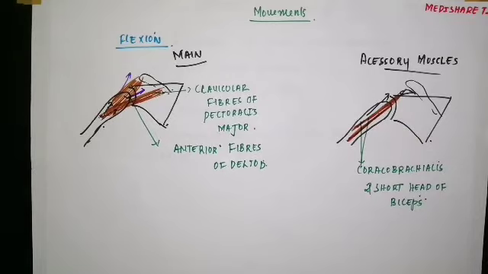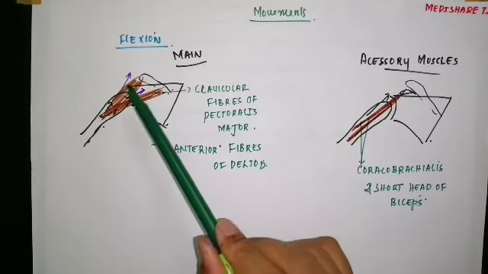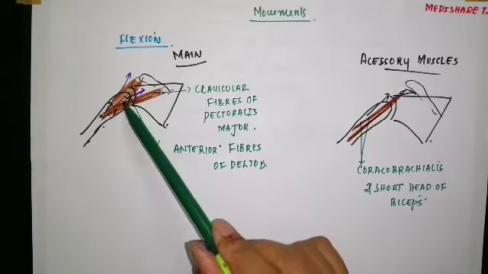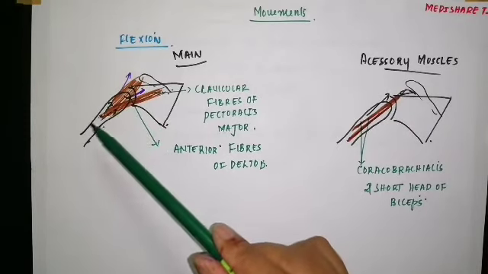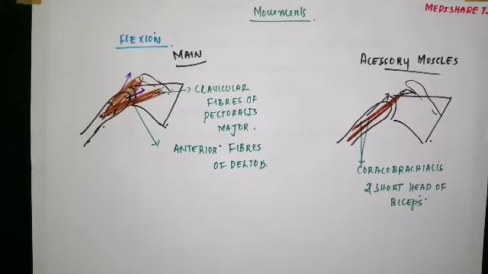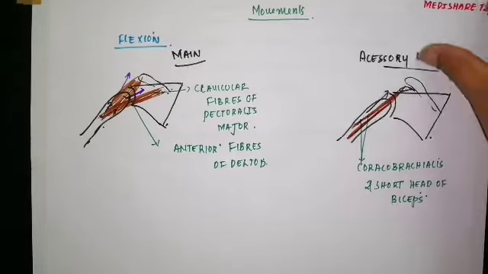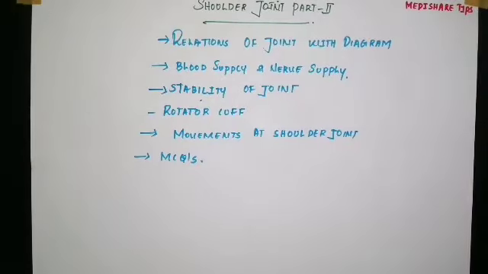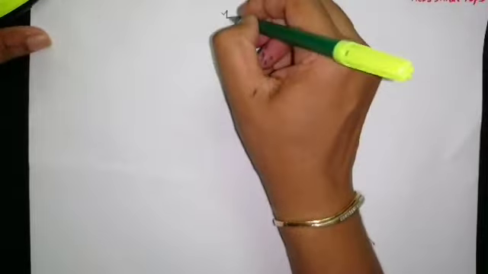So now the muscles causing flexion are originating from the anterior aspect and get inserted onto the anterior aspect of the humerus. So like this way you can remember this, and we can discuss muscles causing extension. Muscles causing extension.